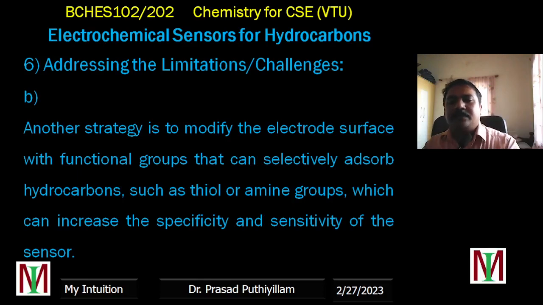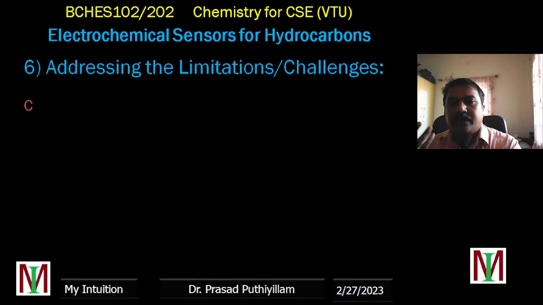So better sensing is possible if you add such a functional group. It is not so easy a process. We cannot just take SH and paste it, like cut and paste. It is not possible. There are slightly complicated procedures to add these functional groups to the electrode surface, but it is possible. People are working on that, and it is being achieved.